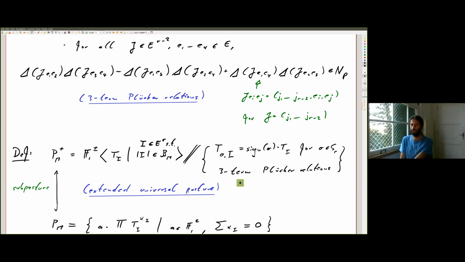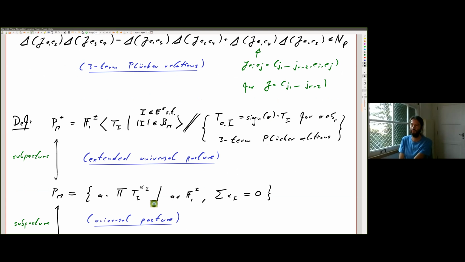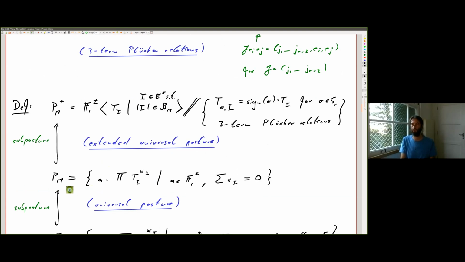And then, inside the extended universal pasture, we first find the universal pasture, which is the subpasture Pm that consists of all expressions of the form A times product Ti to the alpha I, where A is a constant in F1 plus minus, so it could be 0, 1, minus 1, with the condition that all the exponents sum up to 0. So it's the degree 0 part of this homogeneous pasture, if you want to draw from intuition of projective geometry.